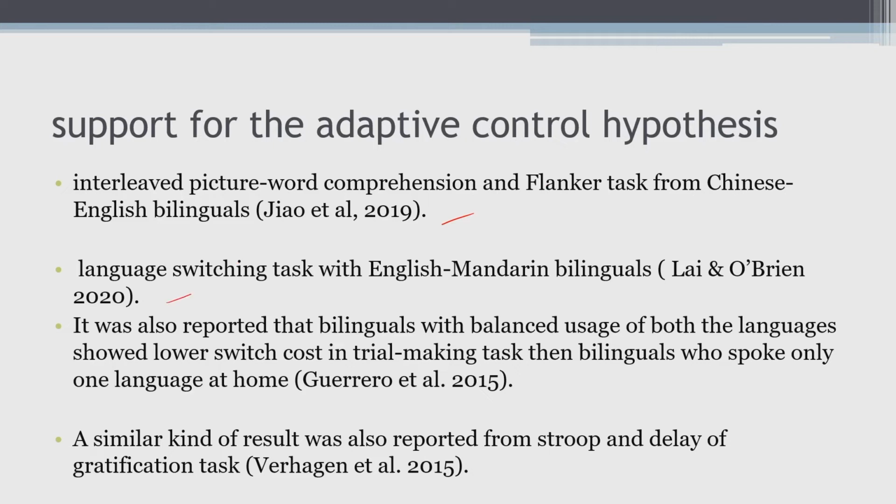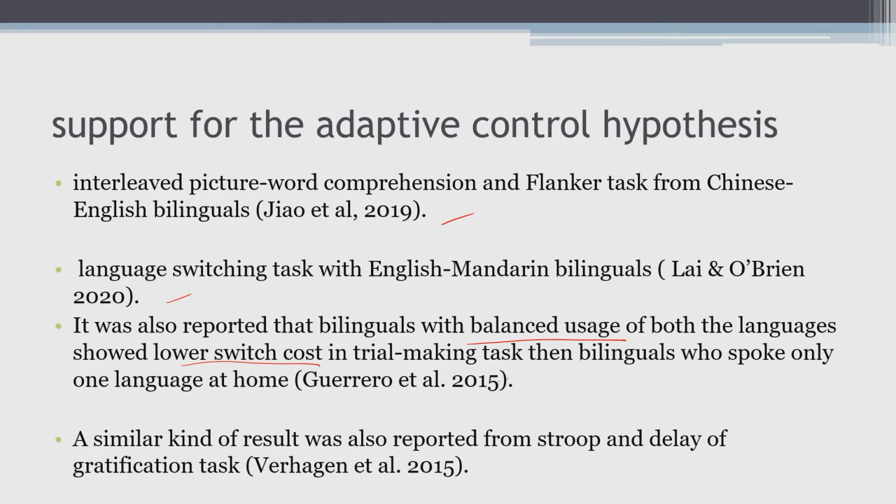Similarly, it was also reported that bilinguals with balanced usage of both languages showed lower switch cost. This has also been found by Albert Costa in the case of language switching. So, if your proficiency goes higher, your switching cost goes down. So, they find lower switch cost in case of balanced usage of both the languages.